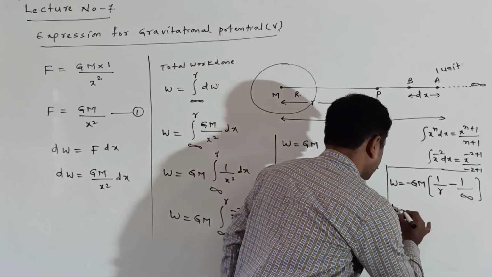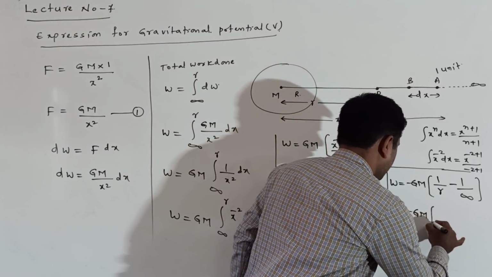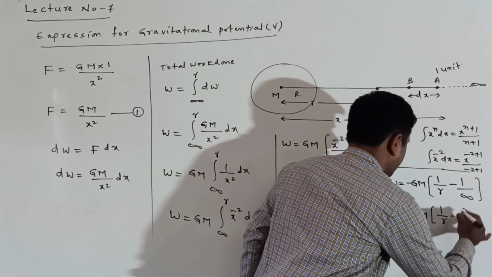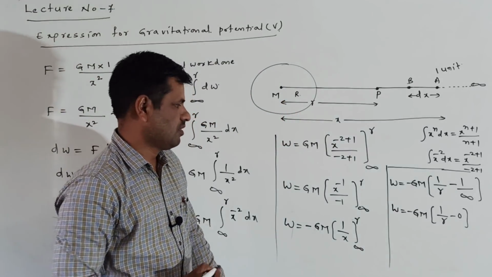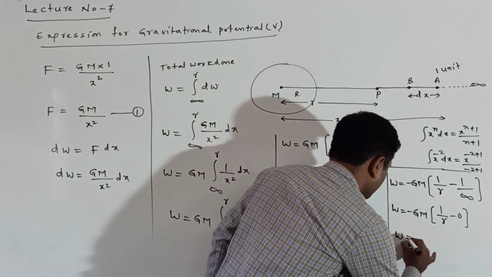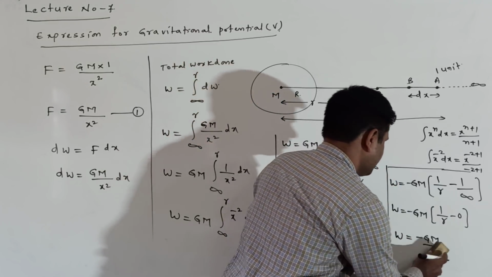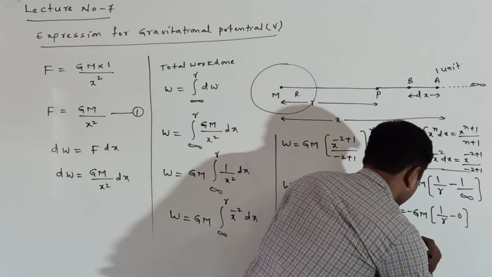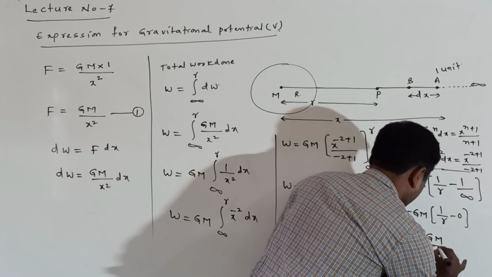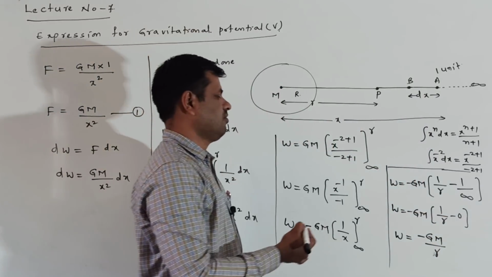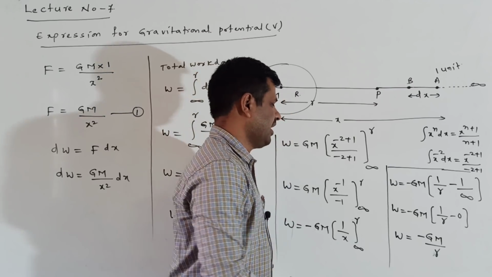Now W is equal to minus GM into 1 by R minus 0. 1 by infinity value is equal to 0. So W is equal to minus GM by R we are getting. Here 1 by R minus 0 is equal to 1 by R. Here minus GM by R.